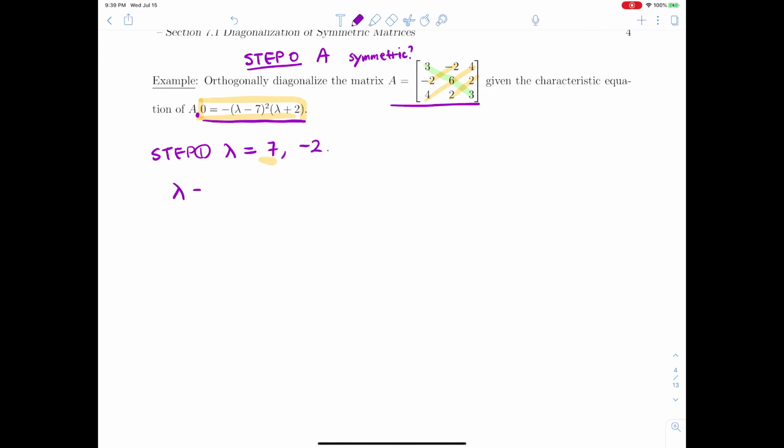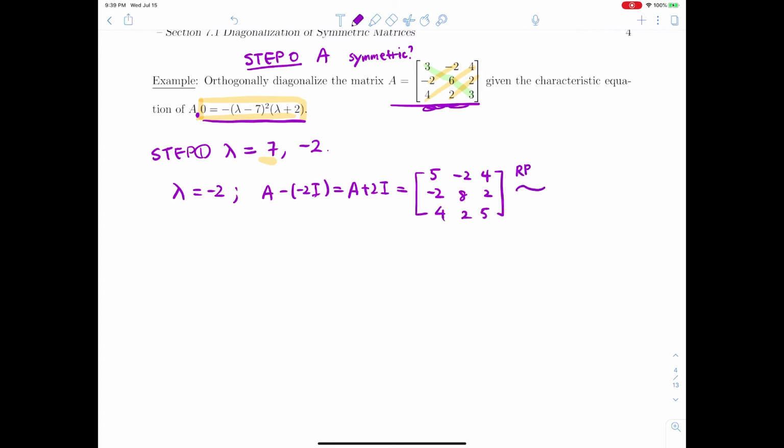When lambda equals negative 2, then A minus negative 2I, which is A plus 2I, equals, if you add 2I to this matrix above, 5, negative 2, 4, negative 2, 8, 2, 4, 2, and 5. If you take the RREF of this matrix, you will get 1, 0, 1, 0, 1, 1/2, and 0, 0, 0.